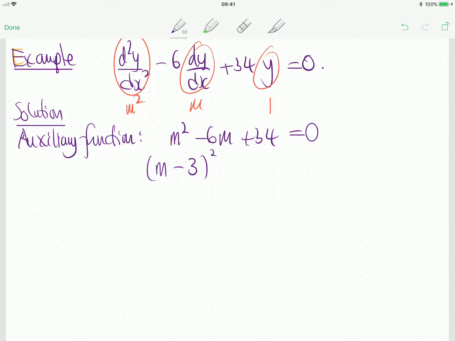Half of that is minus 3, so this should be quite nice. So if I times this out, I get m squared minus 6m plus 9. I don't want plus 9, I want plus 34. So I have a 9, I want 34, so what do I need to add to it? I need to add 25 more.